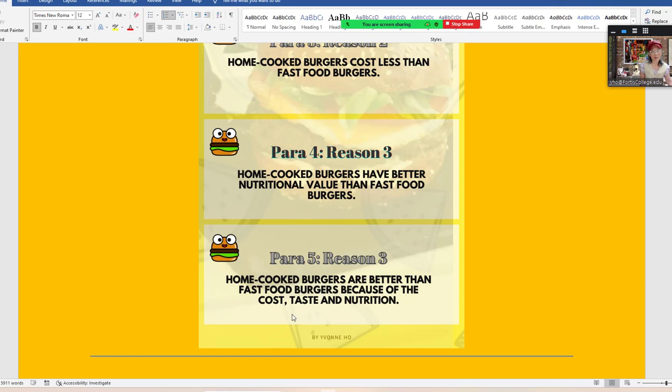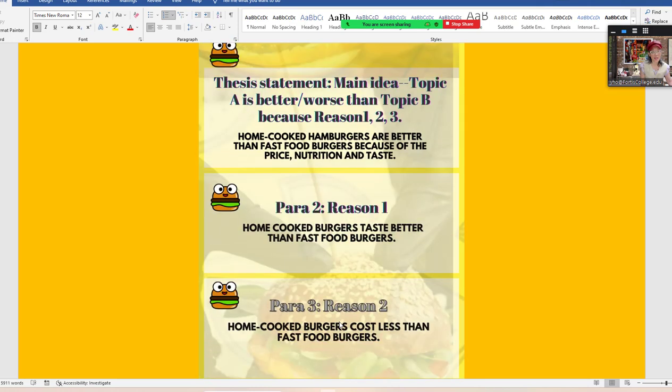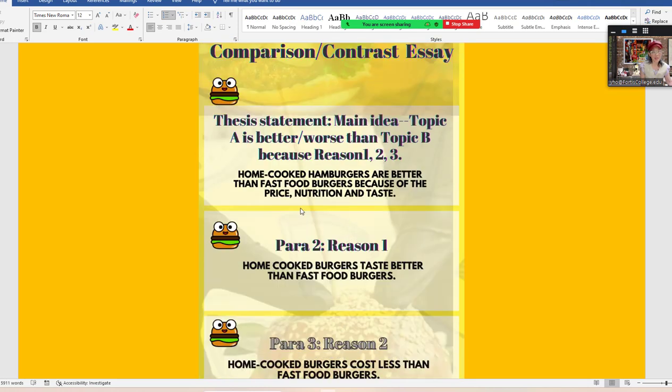Home-cooked burgers are better than fast food burgers because of the cost, taste, and nutrition. And then you summarize your essay in 5 sentences in your conclusion. And then before your thesis statement, you need to have 5 background sentences and a hook. So that will be your entire comparison contrast essay.